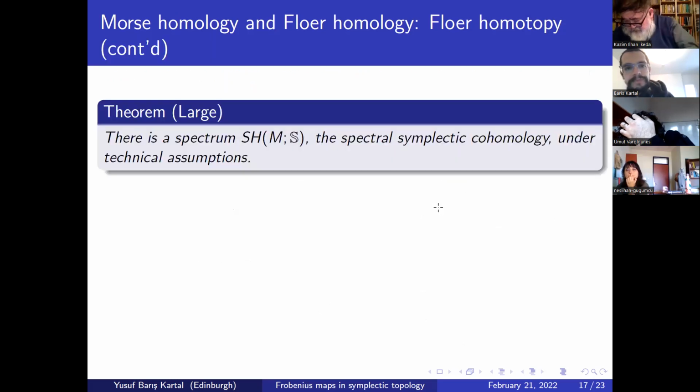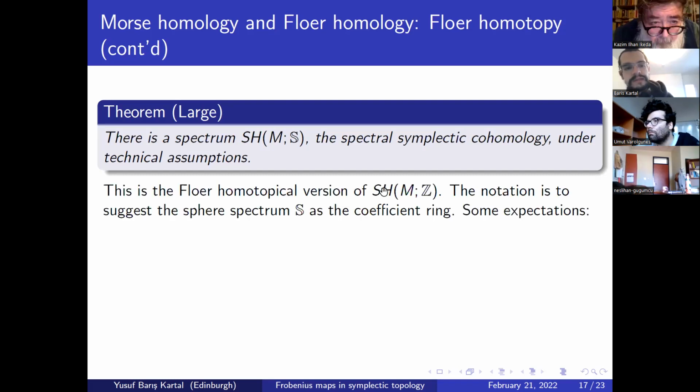So there has been some recent interest in the Floer homotopy spectrum under certain assumptions. Under some technical assumptions, he constructed a spectrum that I called SH^S, the spectral symplectic cohomology. I denoted it in this way because it's the Floer homotopical version of the symplectic cohomology.